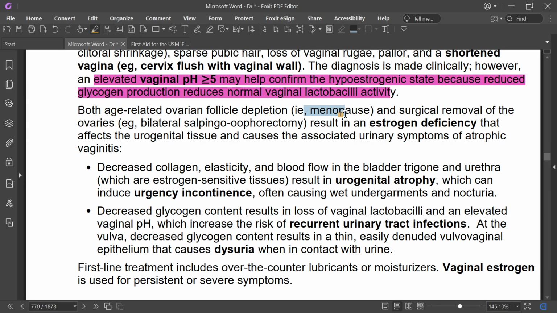These two causes, menopause and surgical removal of the ovaries, result in estrogen deficiency that affects the urogenital tissue and causes the associated urinary symptoms of atrophic vaginitis.